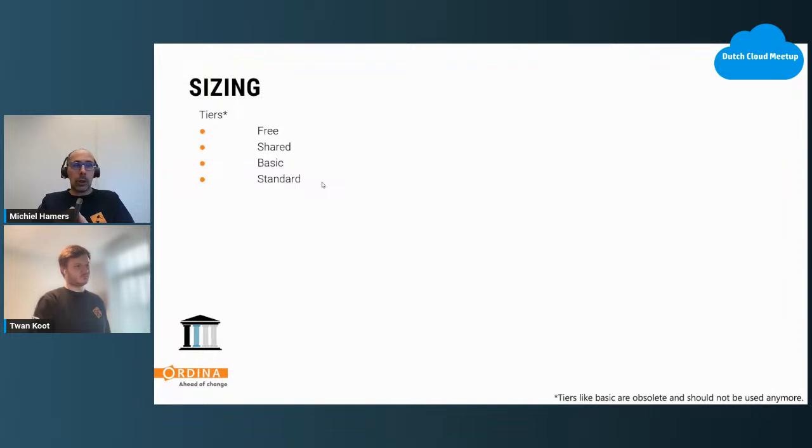I hope everyone knows these already. Free, shared, basic, and standard, in that sequence. Free is the cheapest one, and standard is the most expensive one. Tiers like basic are obsolete, at least that's what Microsoft mentions on the site, and should not be used anymore. So it should be free, shared, or standard.